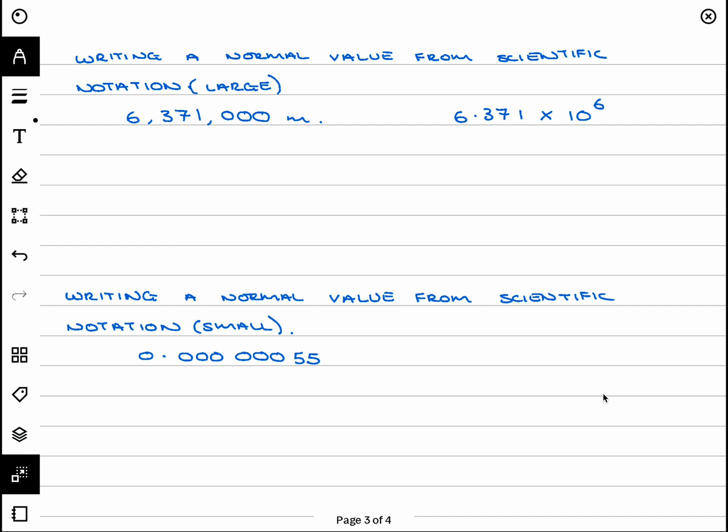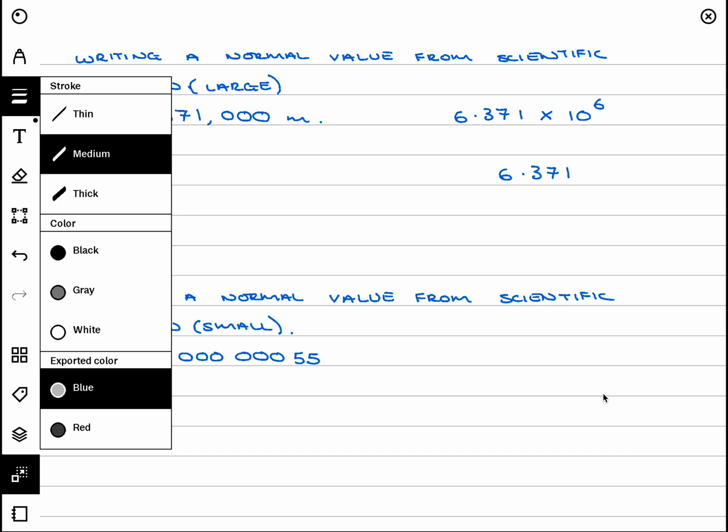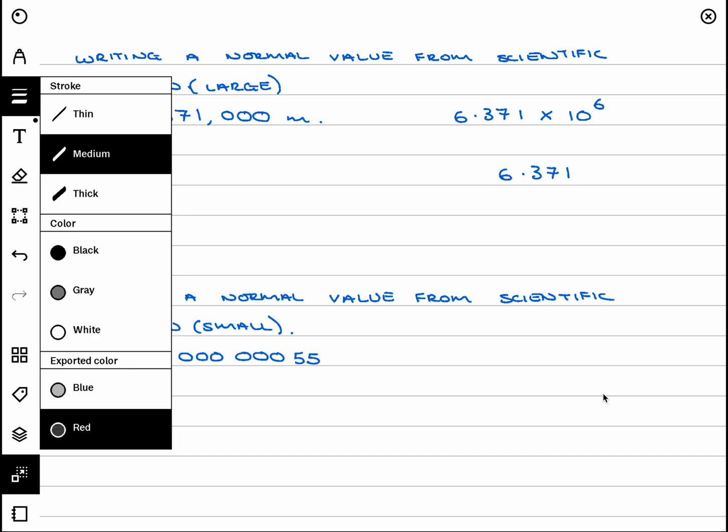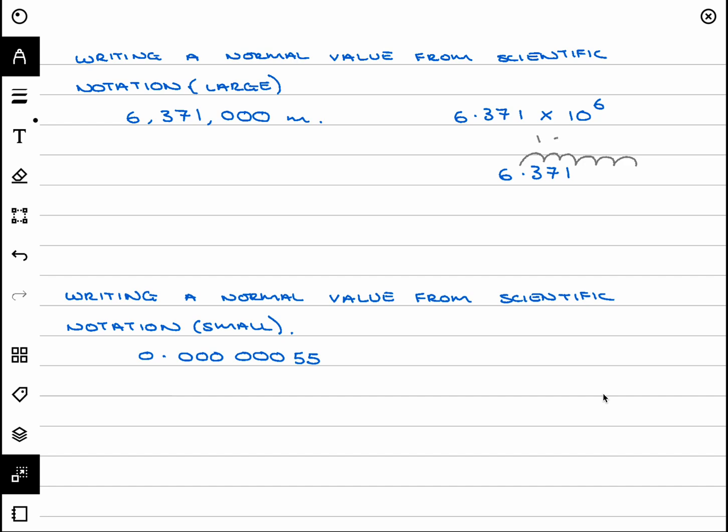So this value, what I'm going to do is start with my 6.371, and it's positive, so it's going to be large. And I'm going to move my decimal place 1, 2, 3, 4, 5, 6, because that's what it asks us to do, the powers 6 times, and then I'm going to put 0 terms in here.